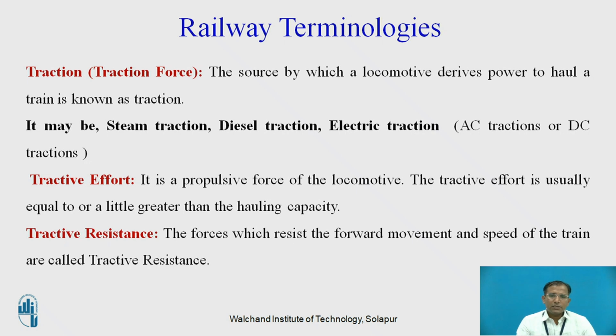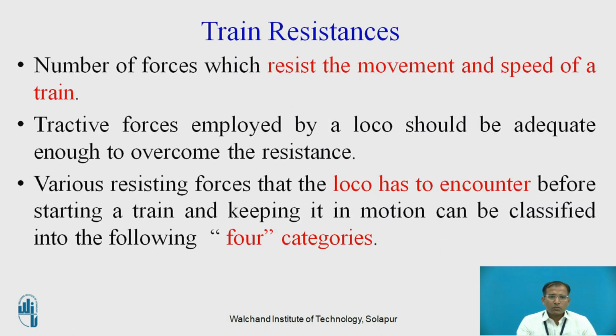Tractive resistance is the force which resists the forward movement and speed of the train. We will discuss this in detail, because in tractive resistances we have many forces which resist the forward movement of the locomotive. Whenever we go on the rail, we come across various resistances.